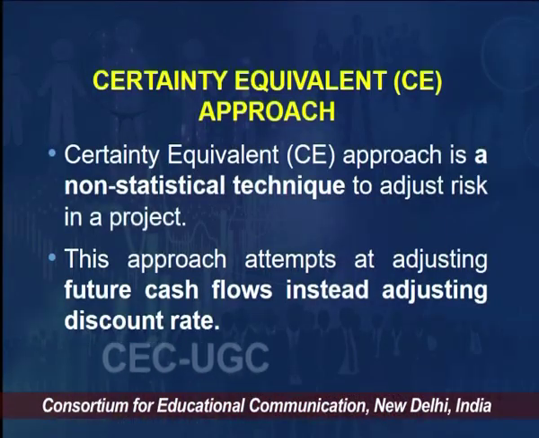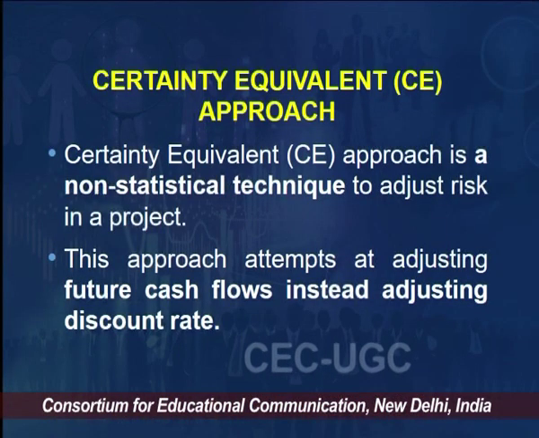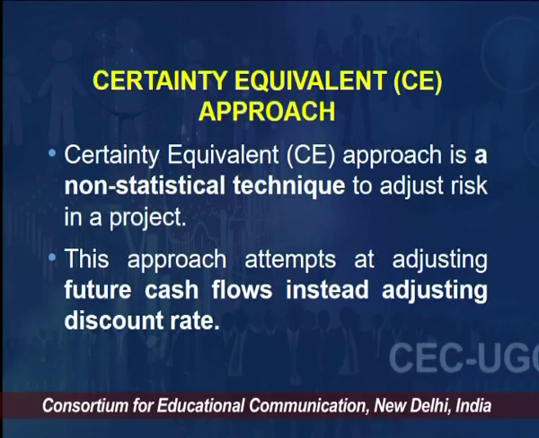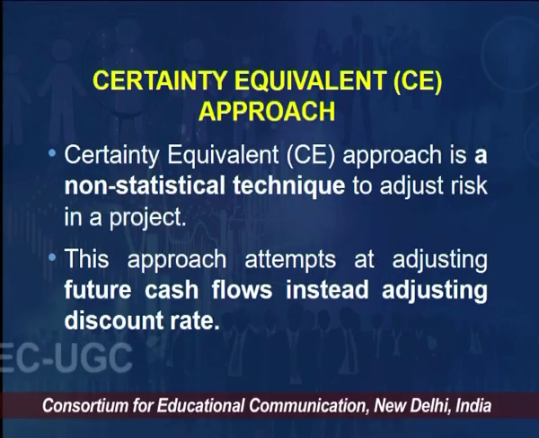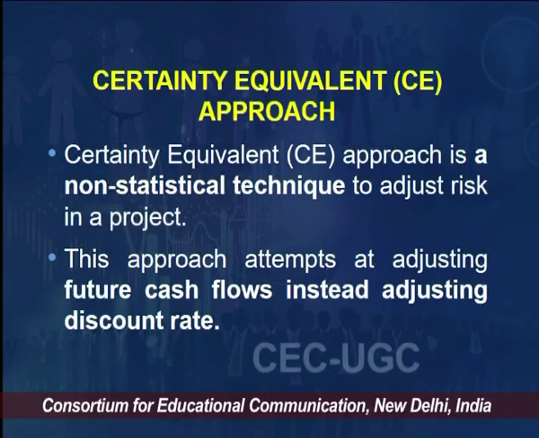The other method I want to talk about is the certainty equivalent factor or approach. The certainty equivalent approach is a non-statistical technique, but here we attempt to adjust future cash flows instead of adjusting the discount rate. In the previous method, we adjusted the discount rate. In this method, what are we adjusting?